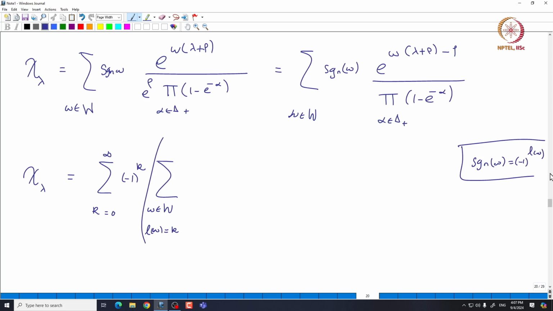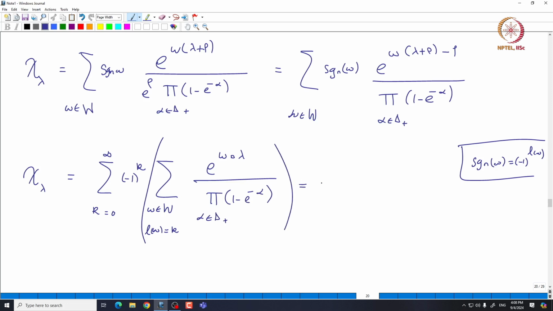Now if you use that, you can see that this is exactly the summation over w in W with length of w equal to k, of e power w dot lambda, because w dot lambda is nothing but w(lambda plus rho) minus rho, divided by this product 1 minus e power minus alpha, alpha in delta plus.